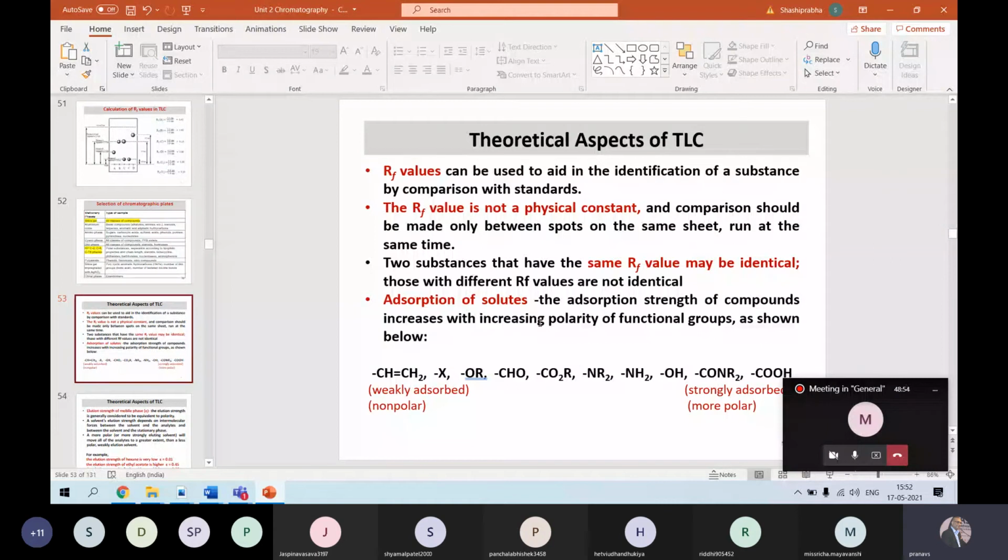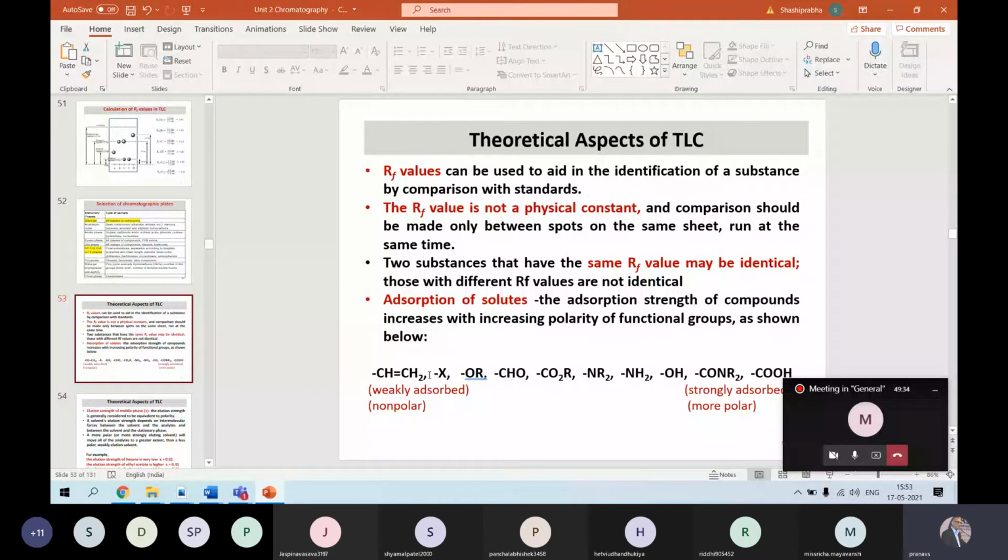Now something regarding the RF values again. The adsorption strength of compounds increases with increasing polarity of functional groups. This is in relation to the functionalities which are likely to be present in the substances being separated. These are the polar groups, and these are non-polar groups, and then you have something intermediate in between. So your analytes can have any of these groups.